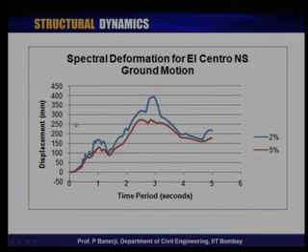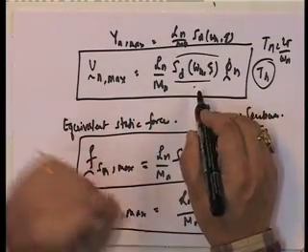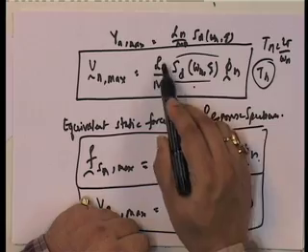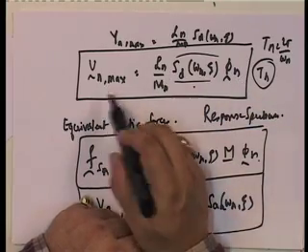You take over here, and you see that the SD is, say, 260 millimeter. So you take 260 millimeter for the first mode, and then you find out L1, M1 and Phi1, and you've got your V1 max.